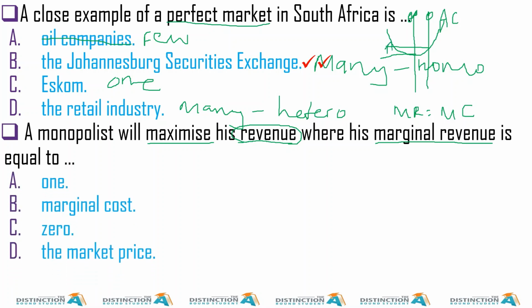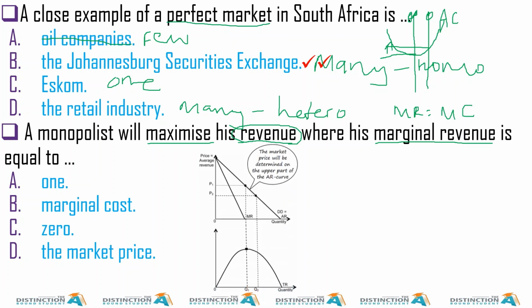So let's see the options. The answer will be 0 here, and the reason is, let's have a look here. This is our MR here, and you see that our MR is going down, and now it has reached 0 there. And look here at our revenue curve. It's going up as output increases.